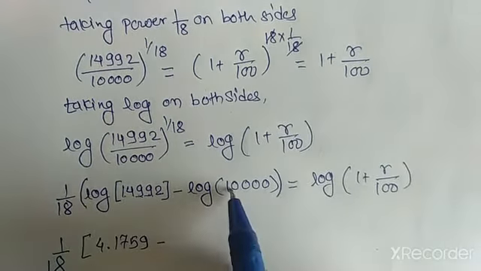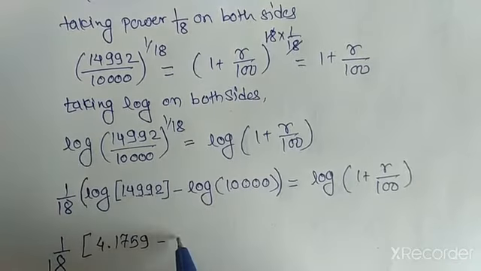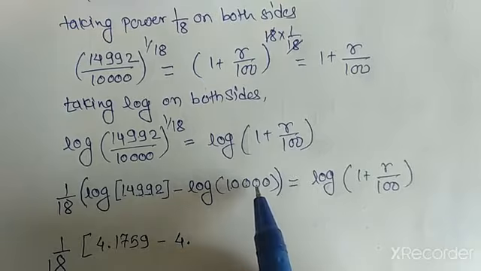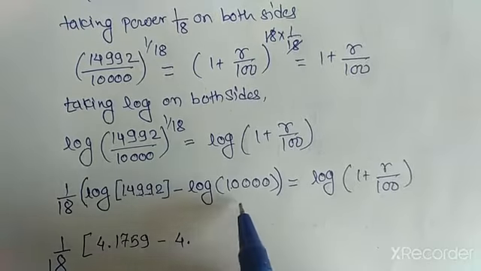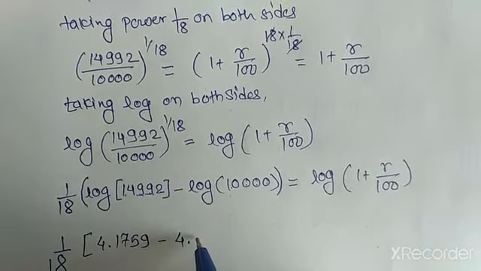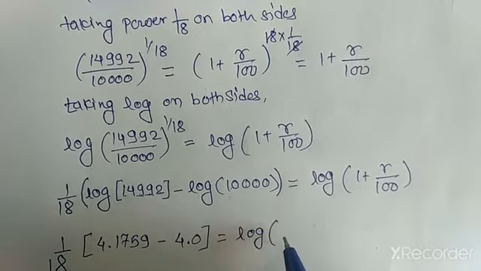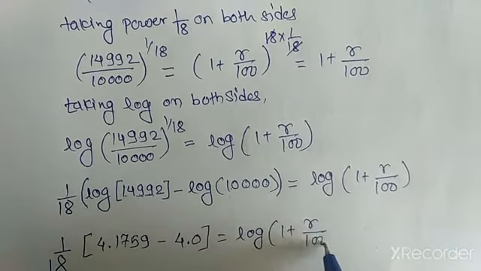Minus, similarly 1, 2, 3, 4, 5, so characteristic is 4, and log of 10,000 is 4.0000. So here only 4 is equal to log of 1 plus r upon 100.